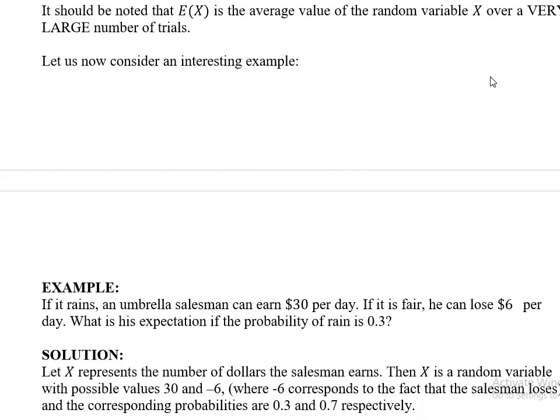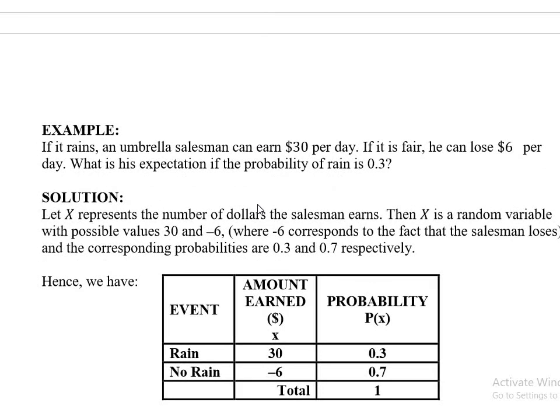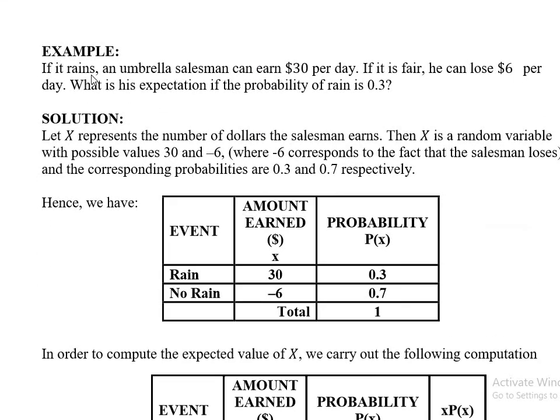similarly, here as an example, if it rains, an umbrella salesman can earn $30 per day, and if it does not rain, if the weather is fair, then he loses $6 because no umbrella is sold, so he loses $6 per day.